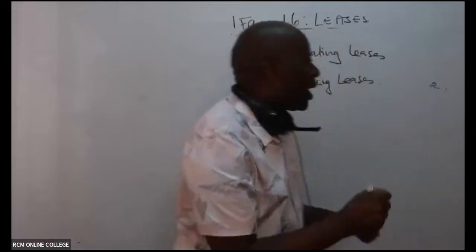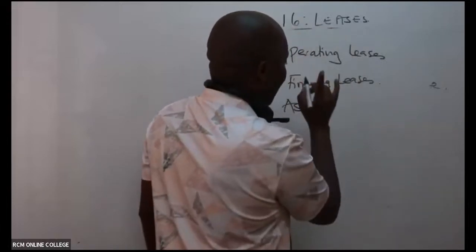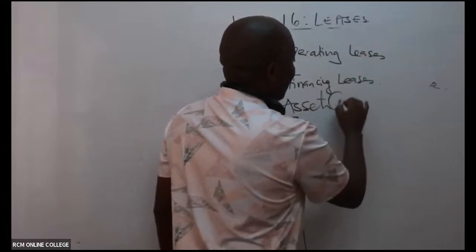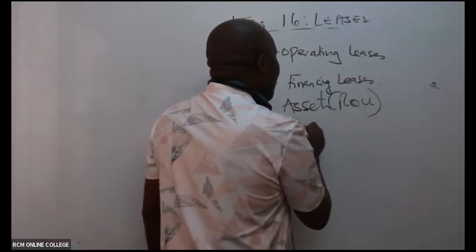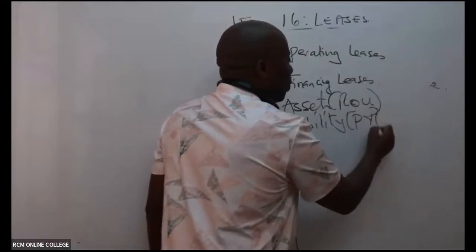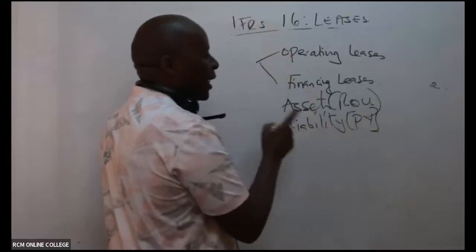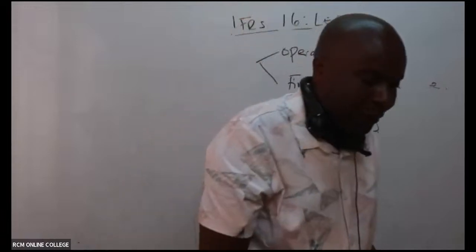So two things: once I sign the lease, I'll be booking an asset under the name ROU, right of use, and number two, I'll be booking a liability, and as we shall be seeing, we shall be booking what we call present value of lease liability. Present value of lease liability, very, very important.